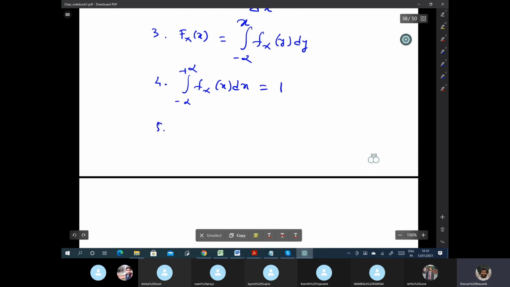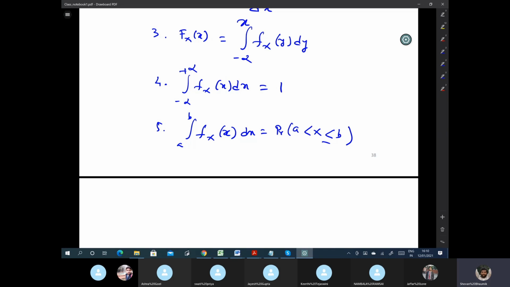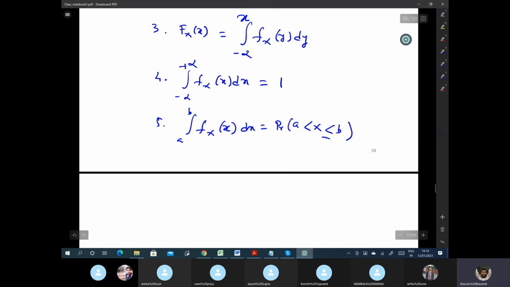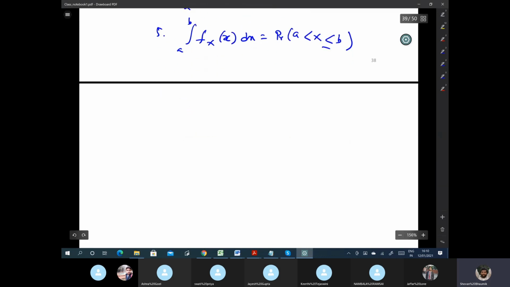Now next is a to b. How do we get the probability of getting a to b? The integral of f_X dx from a to b will be equal to the probability of X being between a and b. So to get the probability of the random variable being between a and b, we take the integration of f_X. Now let's draw it arbitrarily.